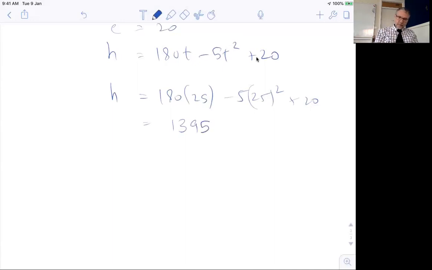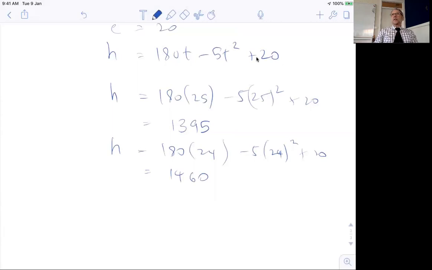1395. Then we do the same thing for 24. We work out what that's equal to: 180 times 24 minus 5 times 24 squared plus 20, and we get a distance of 1460.